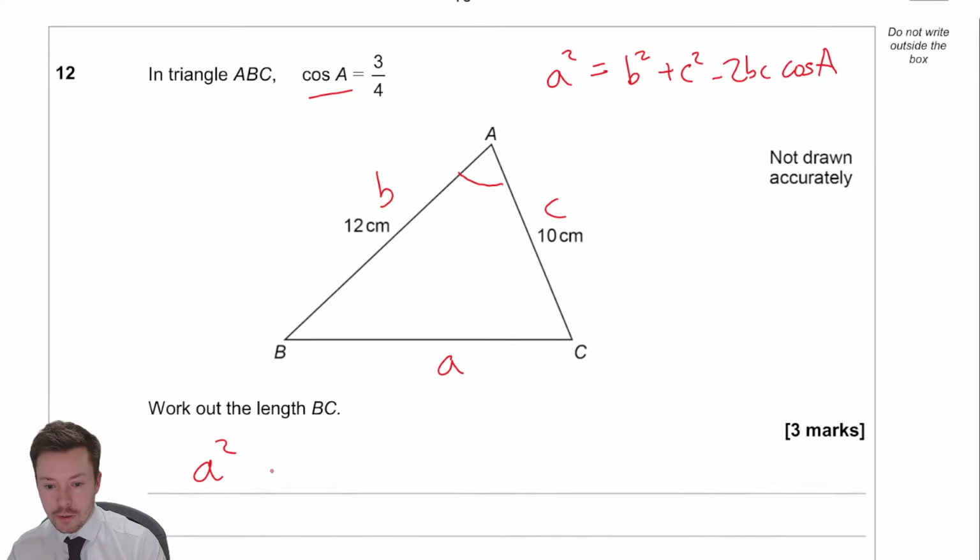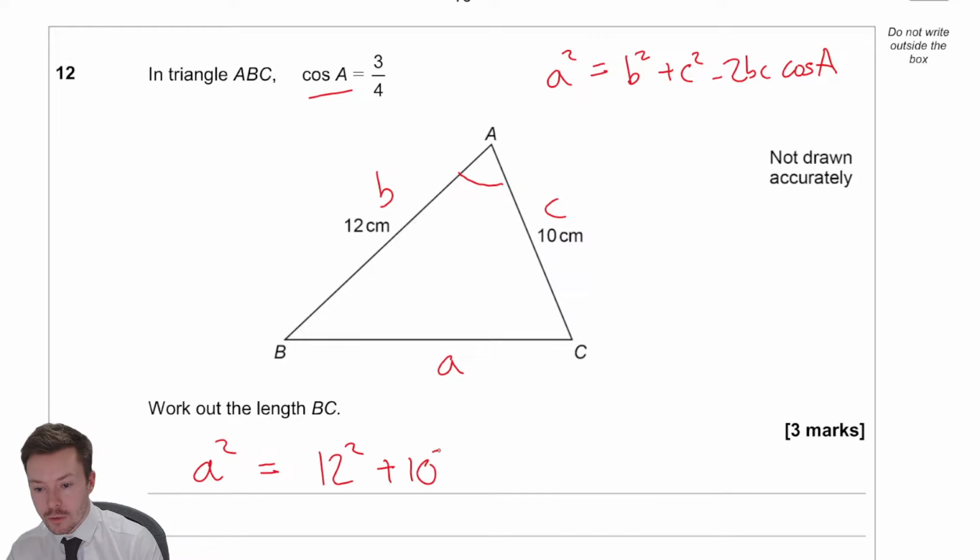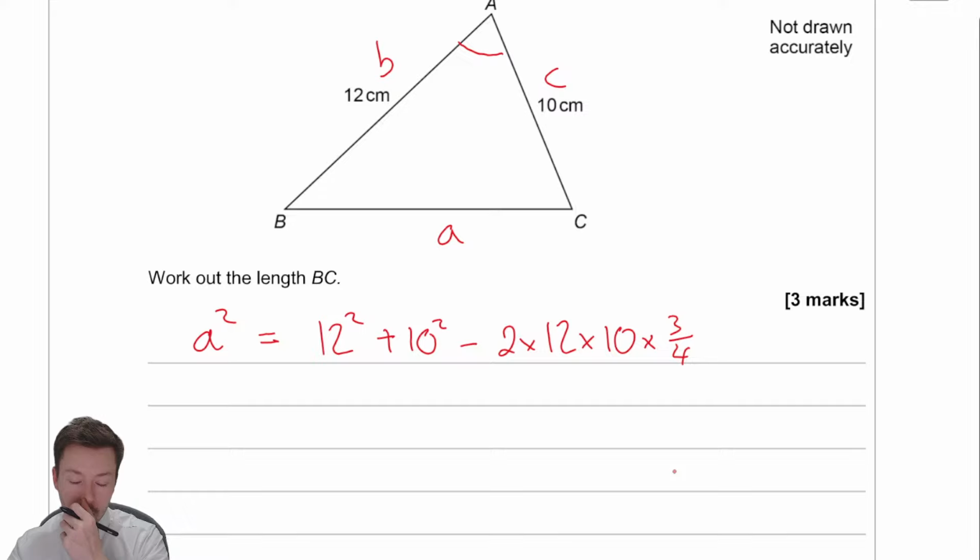So a squared equals 12 squared plus 10 squared minus 2 times 12 times 10 times cos A, which we're told is 3/4. Remember, we need to work this through.